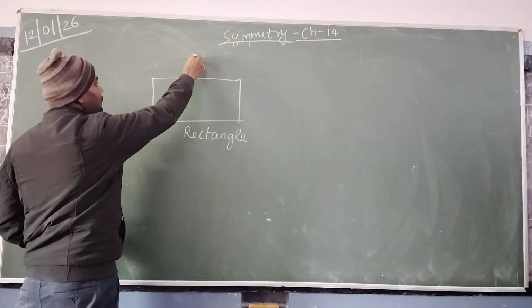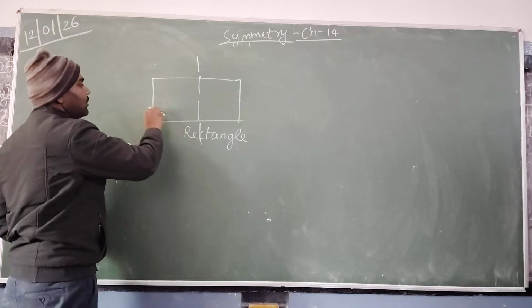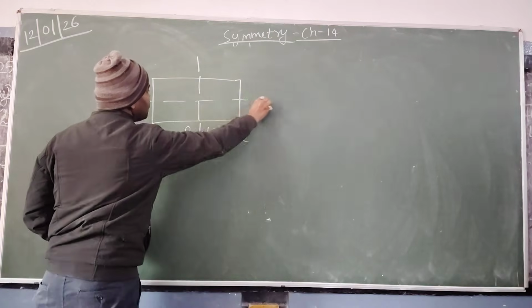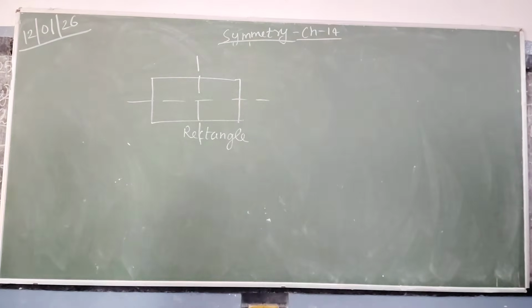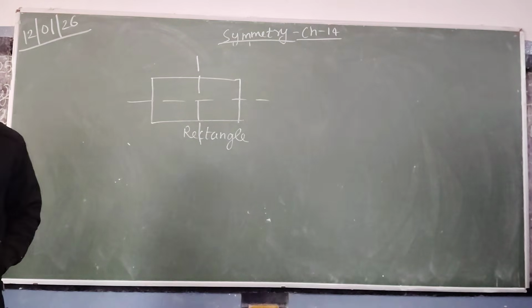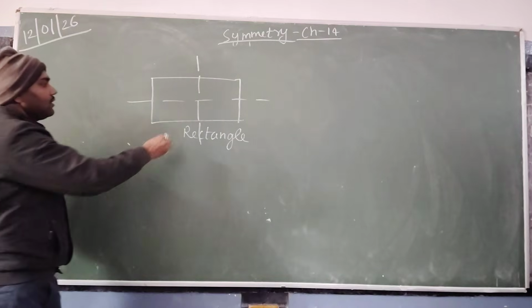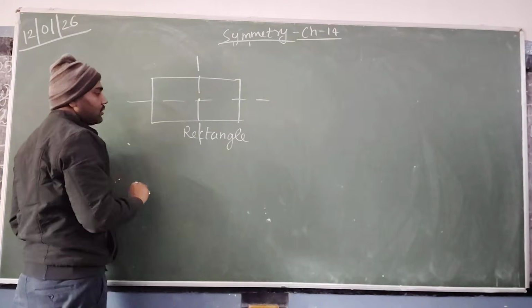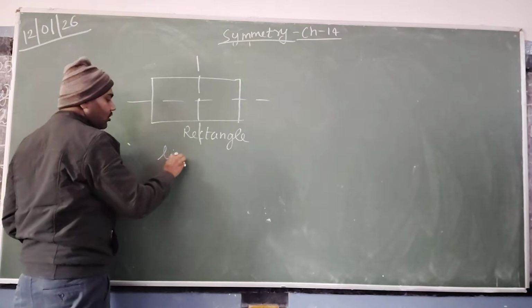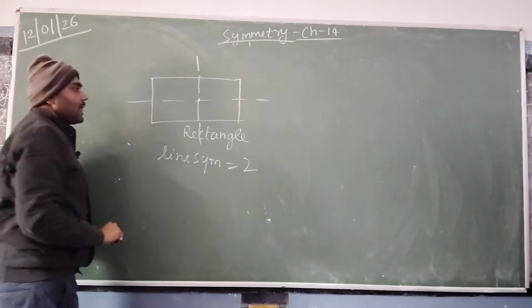See, if we cut it from this point and if we cut it from this point, these two lines of symmetry we will have. Two lines of symmetry, where they meet. So line symmetry, how many? Two.